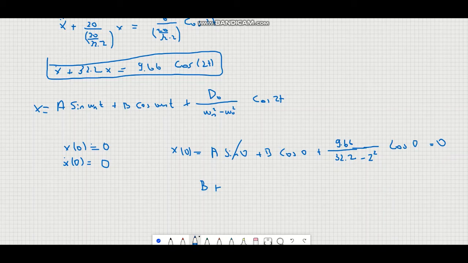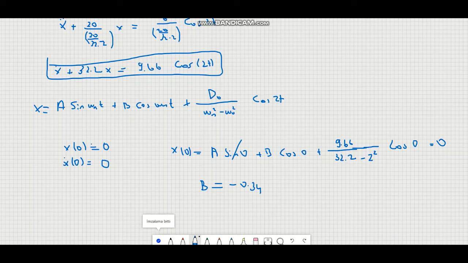So B plus 0.34 equals 0, so B is equal to minus 0.34.